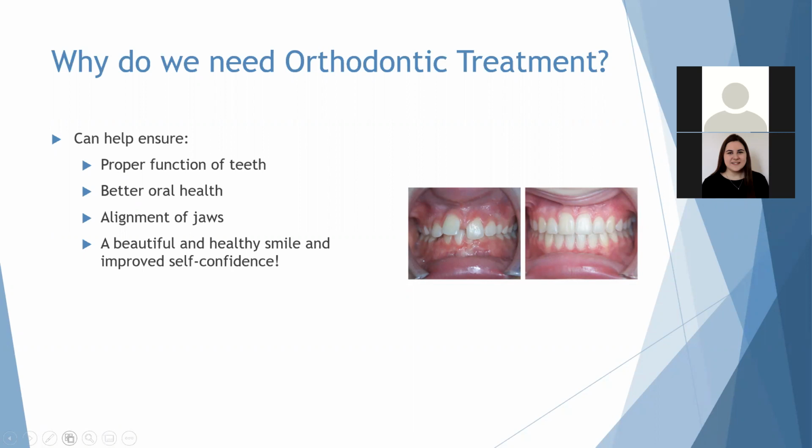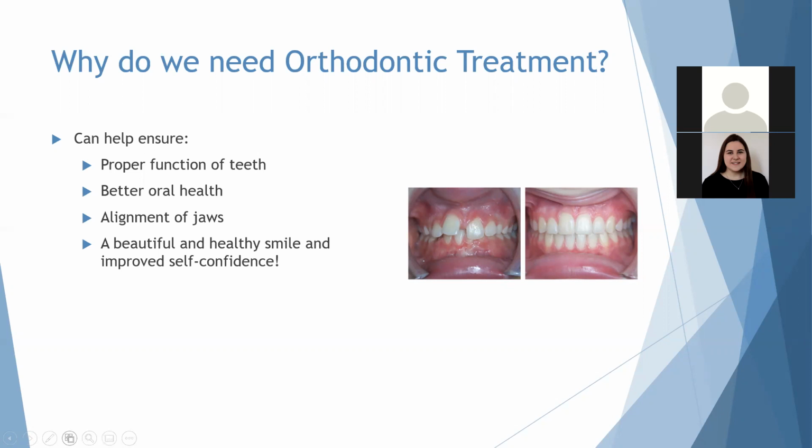When misaligned teeth are not addressed, it can result in gum disease, bone loss, and sometimes tooth loss in extreme situations. And that is going to lead to swollen gums, and they can become very sensitive. So you can see that a lot of issues might happen because of not addressing these problems.